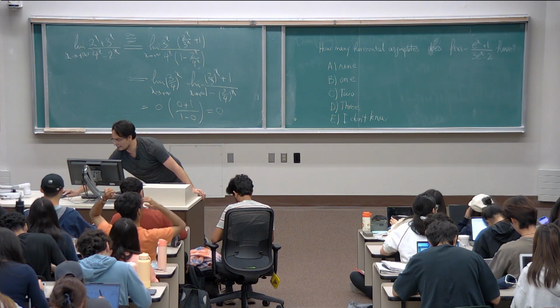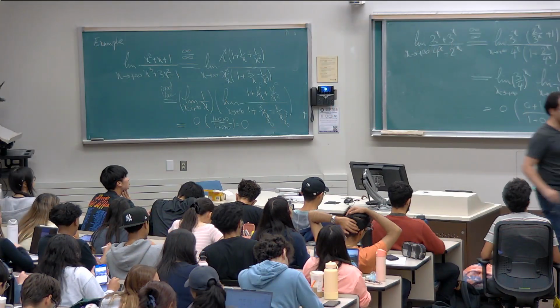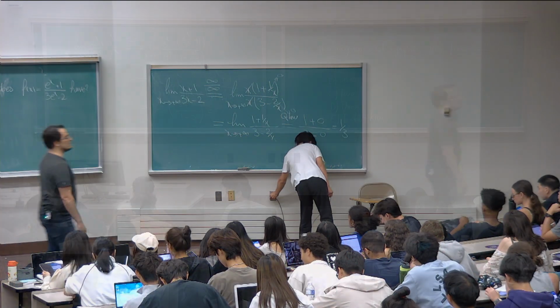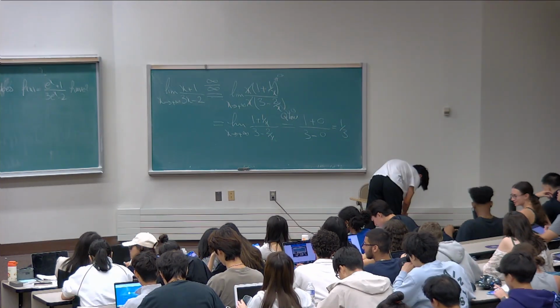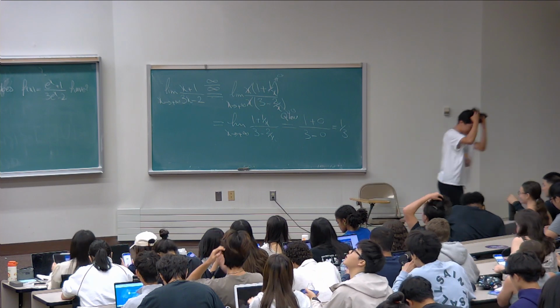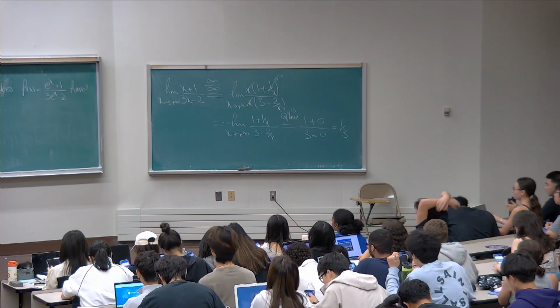Go ahead. You have 2 minutes on that. How many horizontal asymptotes do we have for that function? Go ahead, please. The question is over there.